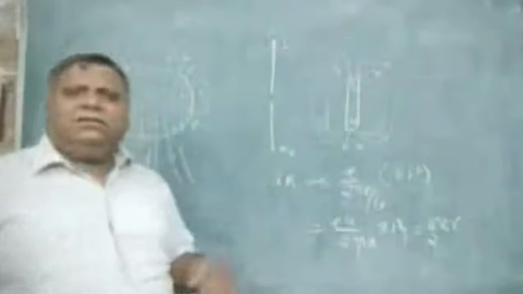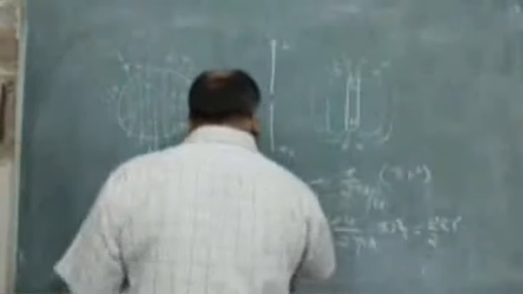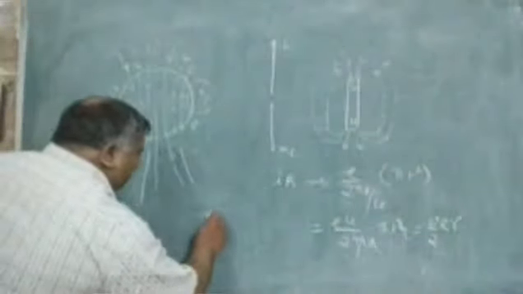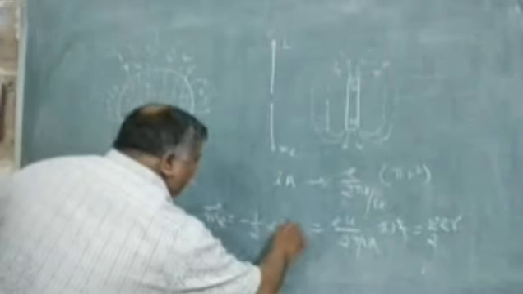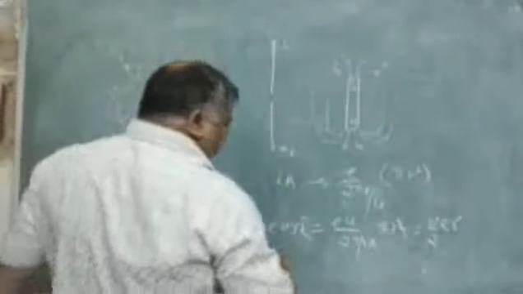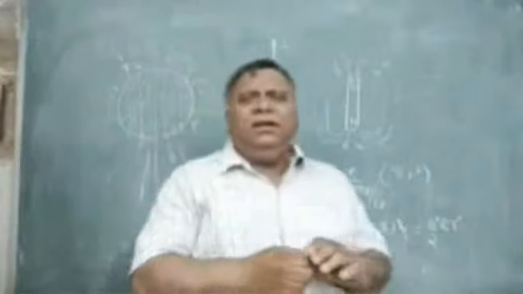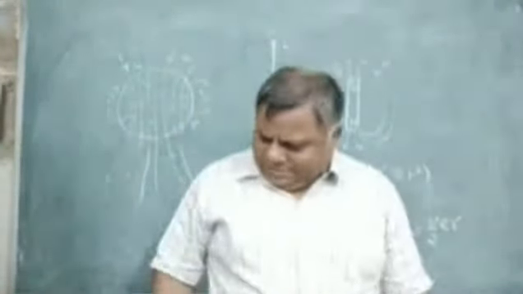Since the charge on the electron is negative, this M_L in vector form can be written as half e v r k cap, where k is perpendicular to the plane of the orbit. Suppose it is the z direction.